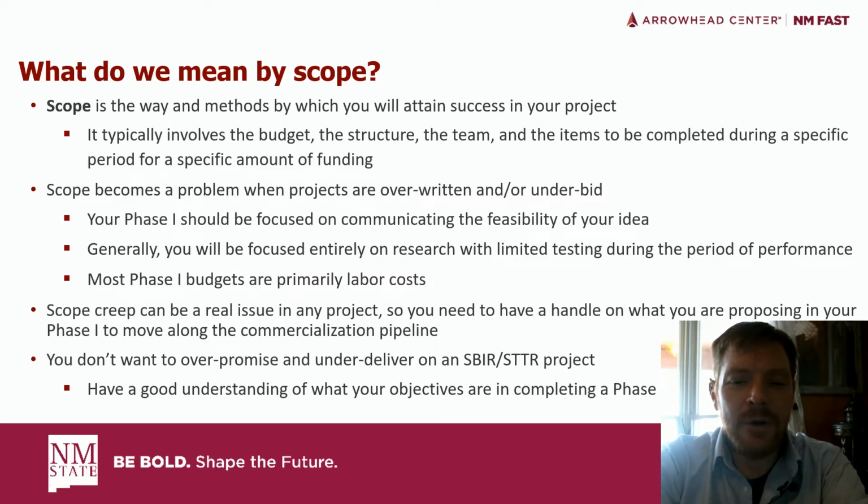But whenever you're actually starting down the pathway for your phase one proposal, have an idea of what objectives you're going to do. What are the specific tasks that you're going to undertake? Why are you going to undertake those tasks? Because those objectives really do inform your scope for your project. They're going to inform what you're going to do, what kind of resources you're going to need, what kind of validation testing you're going to have to do.